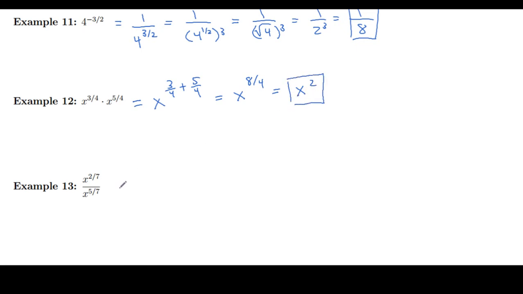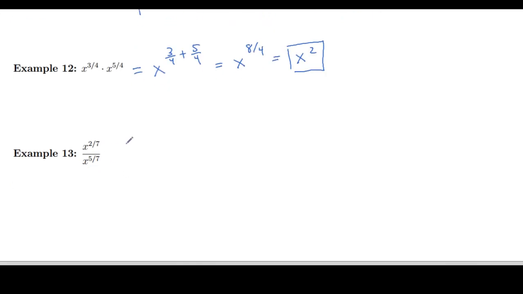And then this one here, if we have a ratio, x to the 2/7 divided by x to the 5/7, then we have the same base there, so it's x to the 2/7 minus 5/7, so we actually subtract them. And we can simplify this, so this would be x to the negative 3/7.